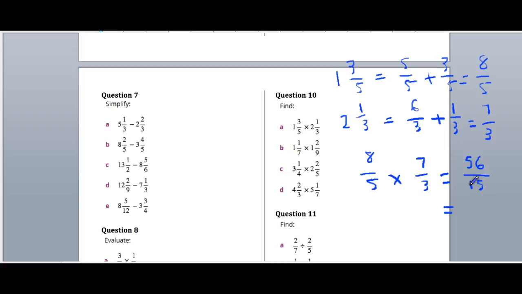So I know that multiples of 15 go 15, 30, 45, 60, and if you need to keep going, you can. So 15 goes into 45 3 times, and then the remainder, so 56 take away 45 gives you 11. So 13 and 11/15.